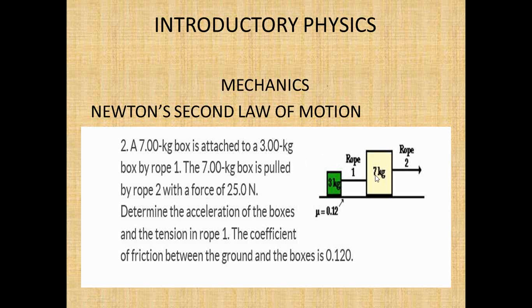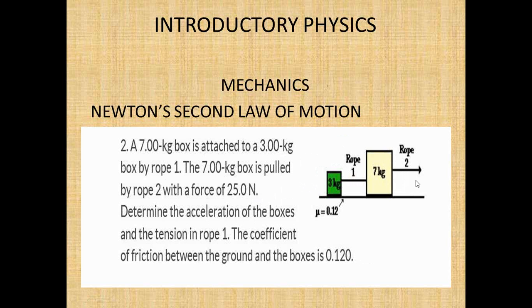The 7 kilogram box is pulled by a rope with a force of 25 Newton. Determine the acceleration of the boxes and the tension in this rope. The coefficient of friction between the ground and the boxes is 0.12.